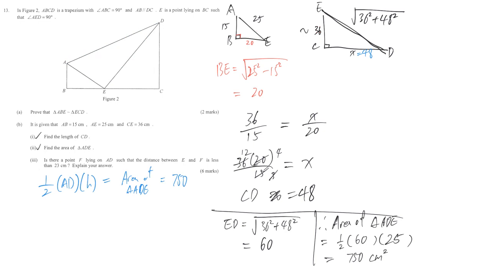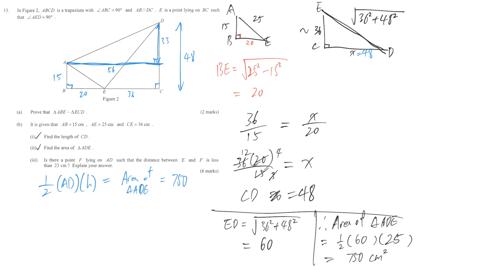In order to get AD, it seems like coordinate geometry. We want to know what is the width here. It is 15, this is 20, and then this is 36. The total length here is 48. So the total width here is 56, and the height here is also a right angle, and the height here is 33.